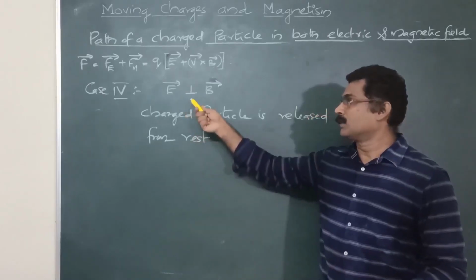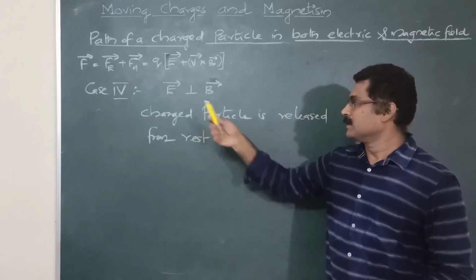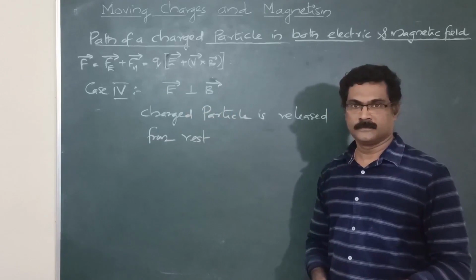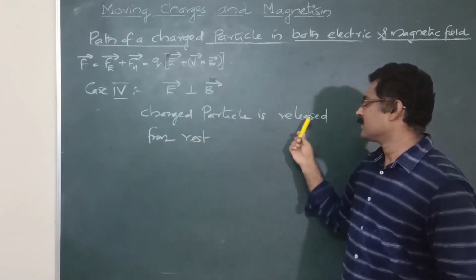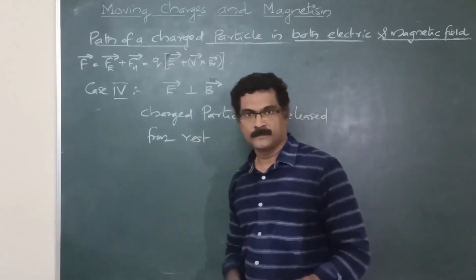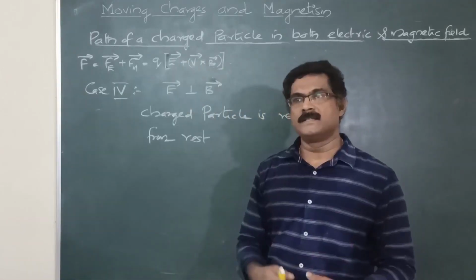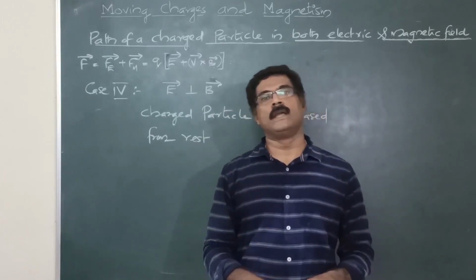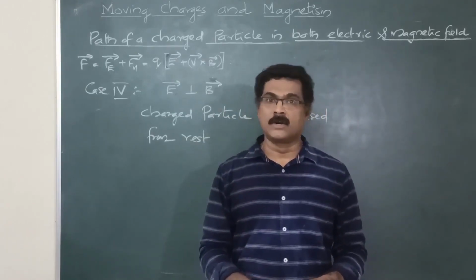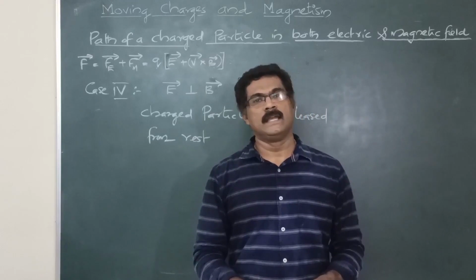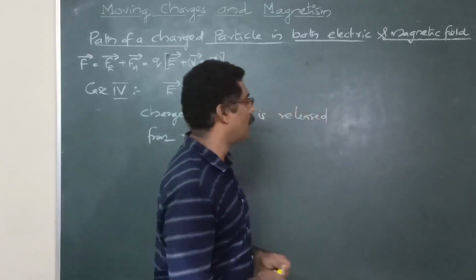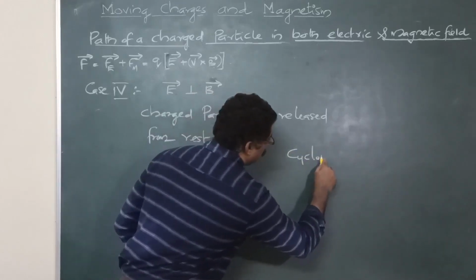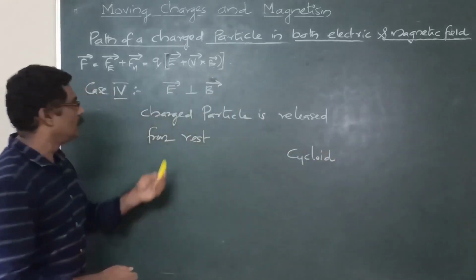Okay, next the fourth case. In this case, the electric field and magnetic field are perpendicular, but the charged particle is released from rest. You can analyze by deriving the equation. We get an equation for a cycloid. So you can say here the path followed by the charged particle is a cycloid. So what type of path? Cycloid path.